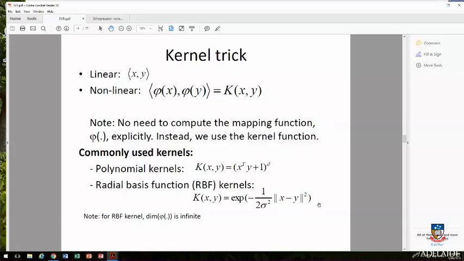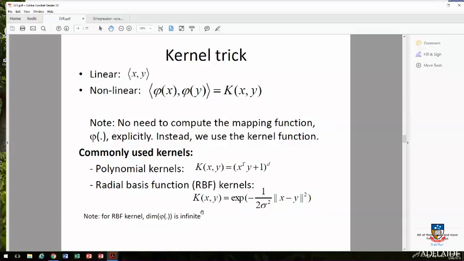Just remember, when you train a support vector machine for either classification or regression, in the nonlinear kernel case, in most of the cases you can just use the RBF kernel or the Gaussian kernel. Why is that? We don't know.